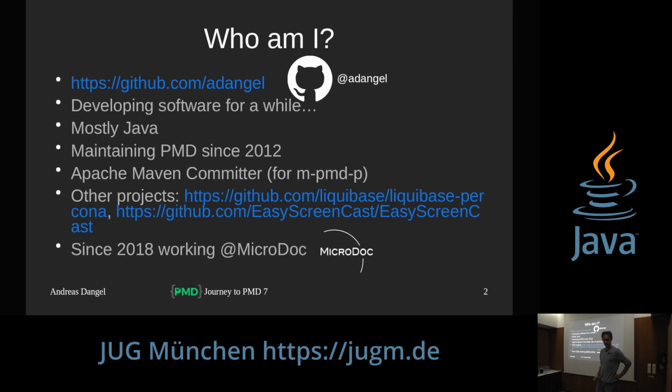I'm one of the maintainers of PMD, and I'm doing this since 2012, so now 12 years. During that, I also got commit rights for Maven, because I kept the PMD plugin up to date for a while, so they thought it would be good if I have commit permissions.